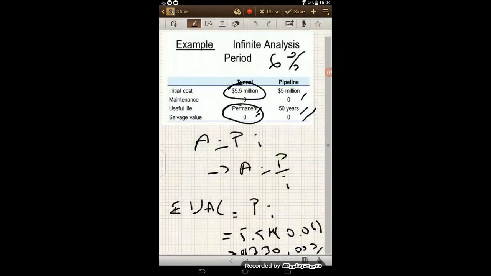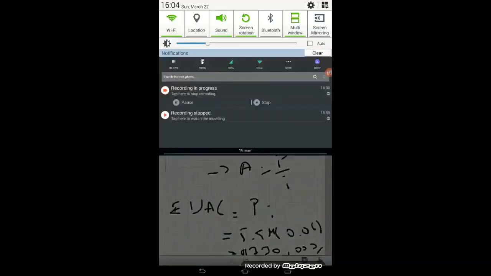That means that even with a 6% minimum interest rate, the cost is almost similar for 50 years and permanent agreement. And this question is done here.